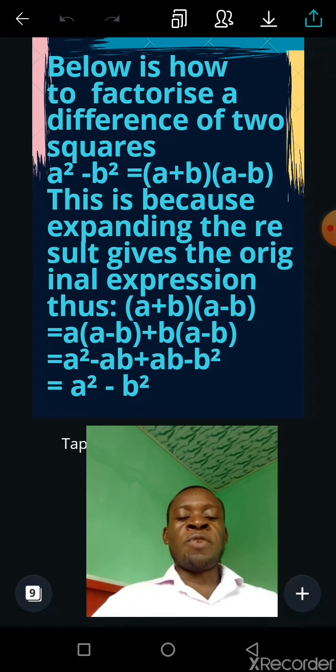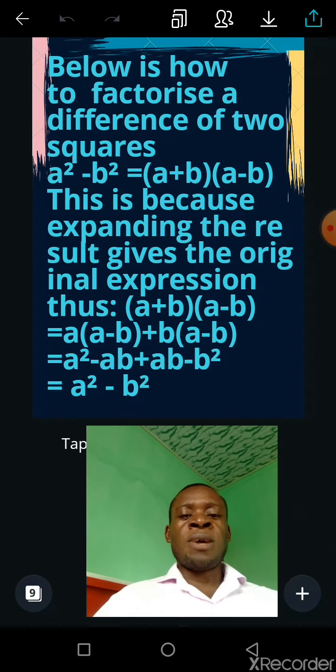That's why we have equals a bracket open a minus b bracket close plus b bracket open a minus b bracket close, which is now equal to a times a is a squared, and a times minus b will give us minus ab. We go to the next bracket, we have plus b times a, which will give us plus ab. Then we have plus b times minus b, because plus times minus is minus, we have minus b squared.